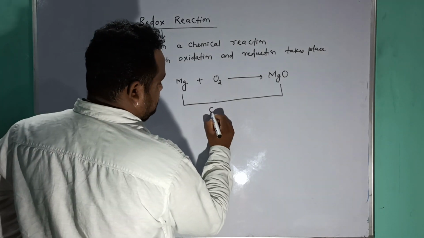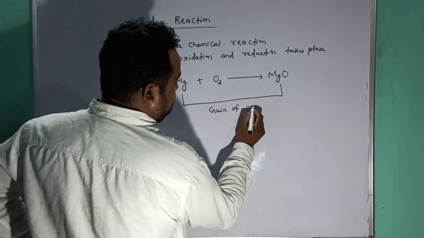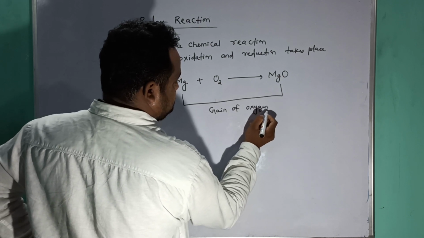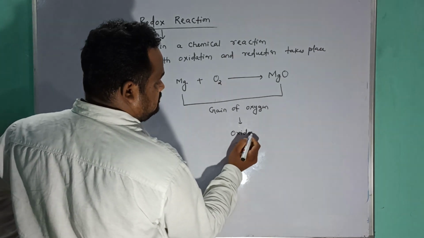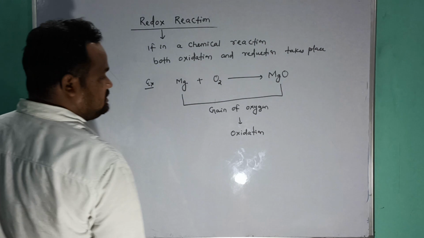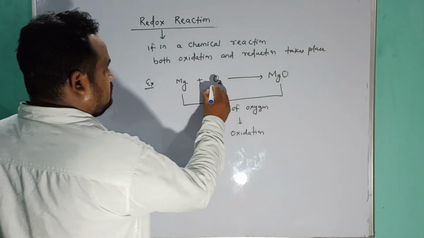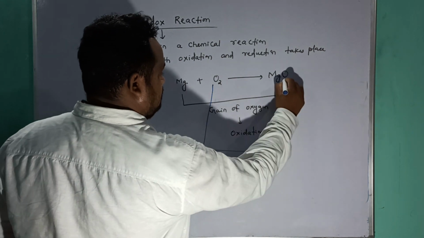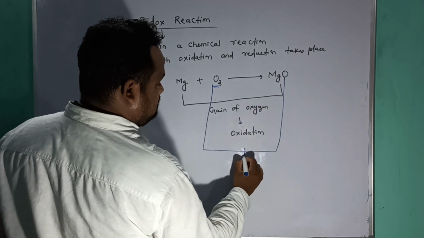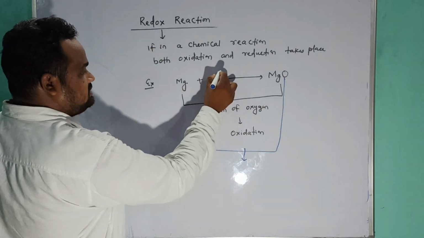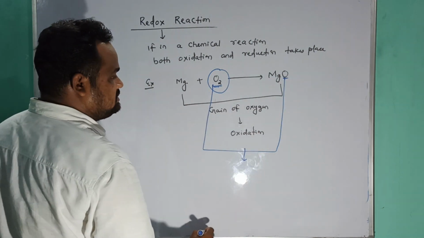How does it convert? By gain of oxygen. Gain of oxygen means that is your oxidation. So what happened to oxygen? MgO, one product, is there. So how many oxygen are there? 2 oxygen. Here how many oxygen? 1 oxygen.